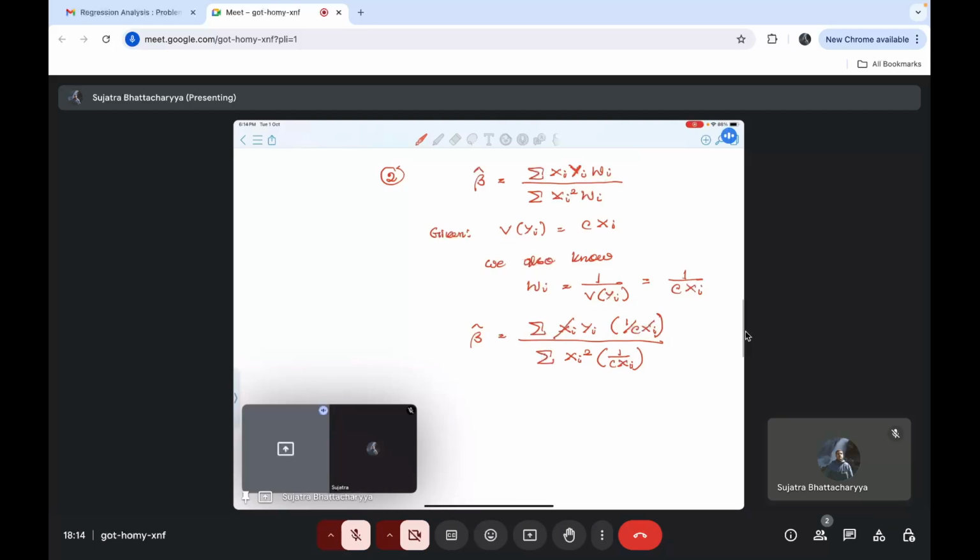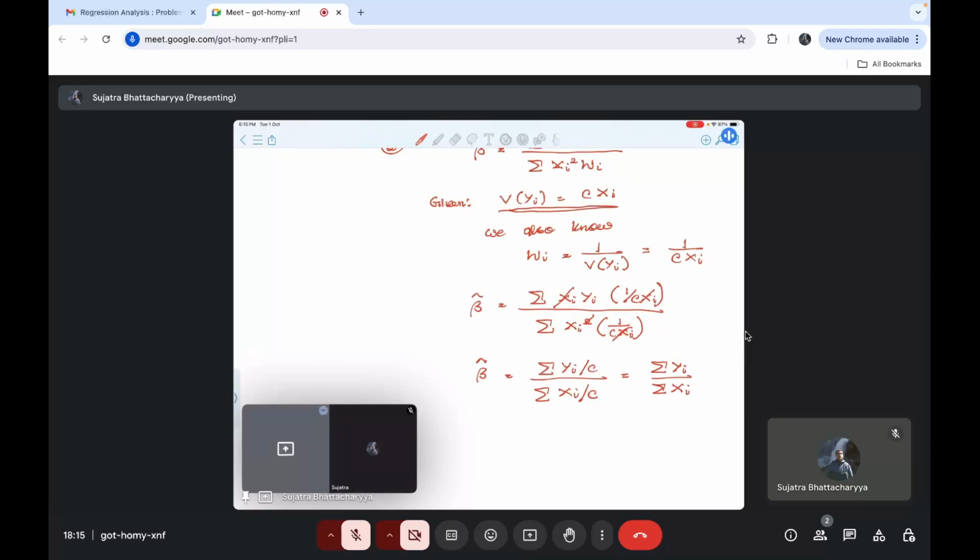So this xi and this xi are removed. What you finally get is yi by c in the numerator, divided by xi by c in the denominator. See now, this c is a constant. It does not depend on the summation. So 1 by c can be taken outside and cancelled from the numerator and denominator. So finally we will be getting summation yi divided by summation xi. That's all. This should be the beta hat if your variance of yi is proportional to xi.